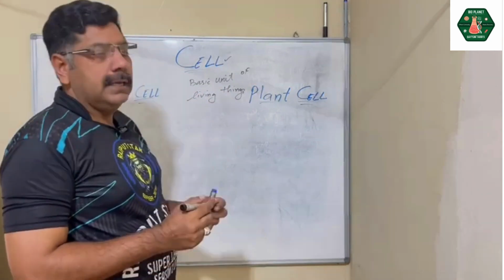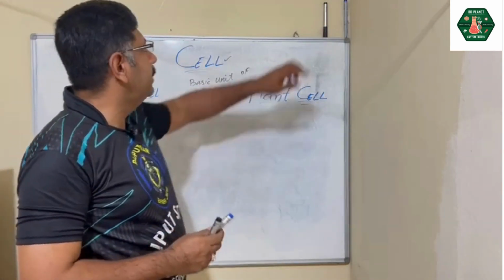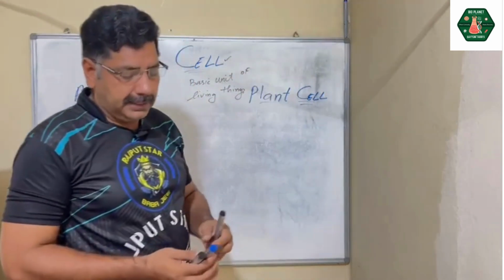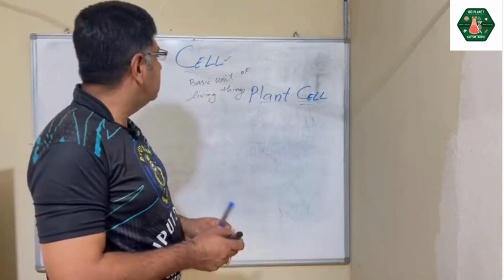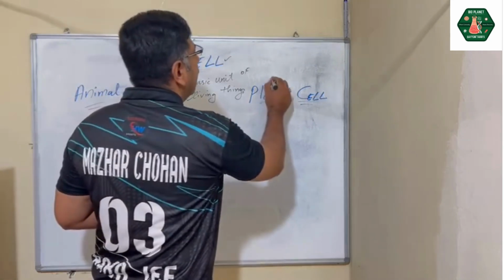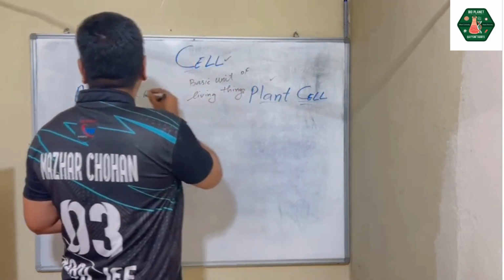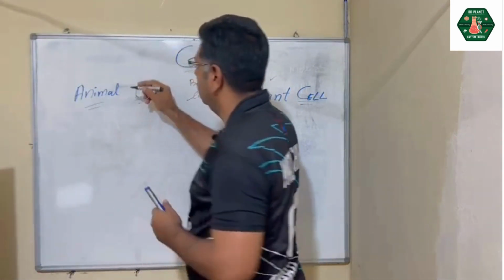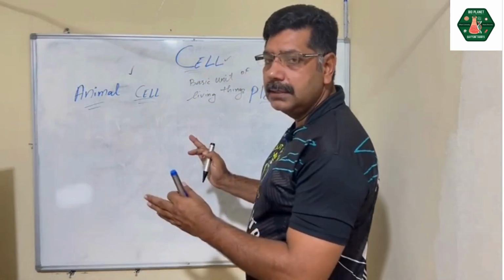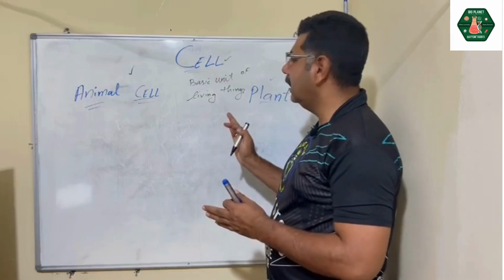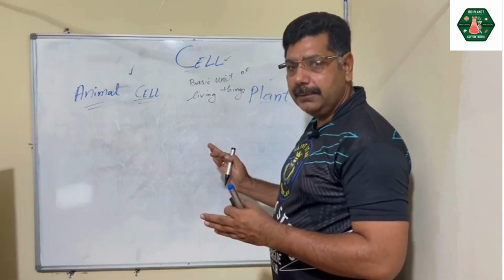Now we wrote cell is the basic unit of living things. Living things consist of plants. They are consisted of animals. Plant and animals together make a living thing.